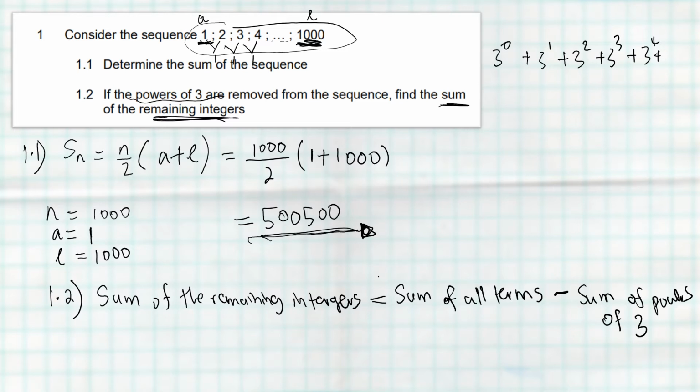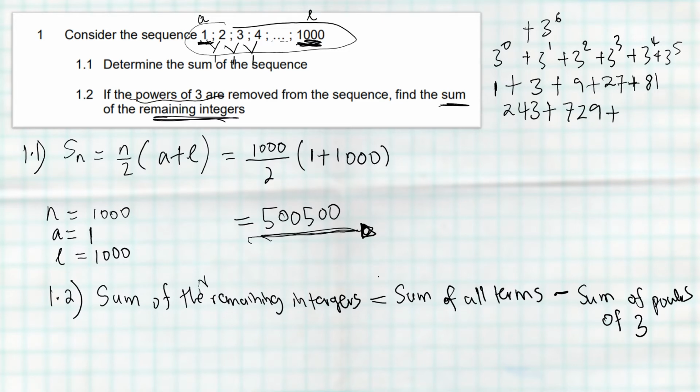So 3 exponent 0 is 1, 3 exponent 1 is 3, 3 exponent 2 is 9, 3 exponent 3 is 27, 3 exponent 4 is 81, 3 exponent 5 is 243, and 3 exponent 6 is 729, right?